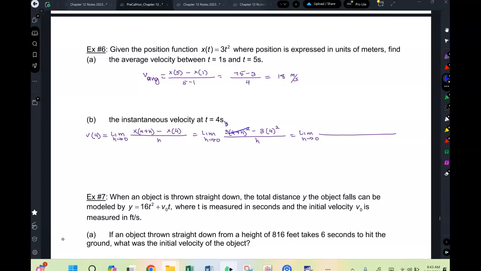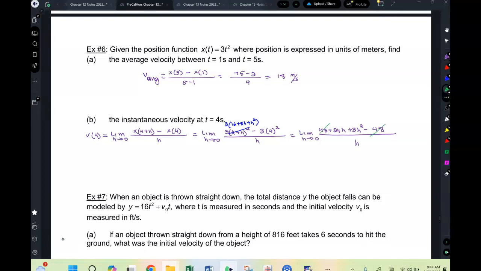So this is going to be 3 times 16 plus 8h plus h squared. So that's going to be 48 plus 24h plus 3h squared minus 48. Everybody with me so far? Over h.